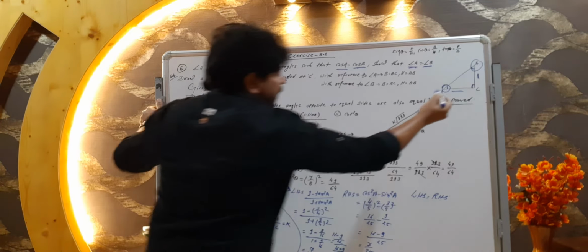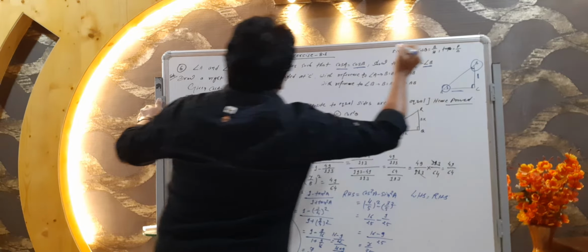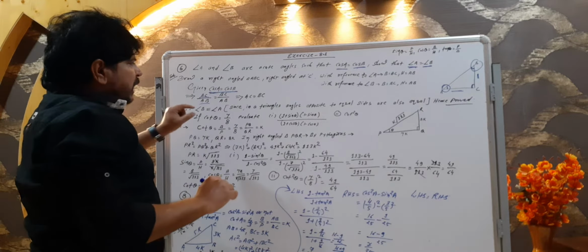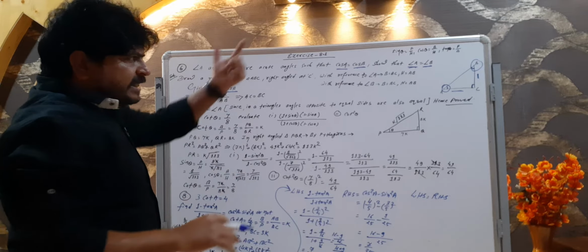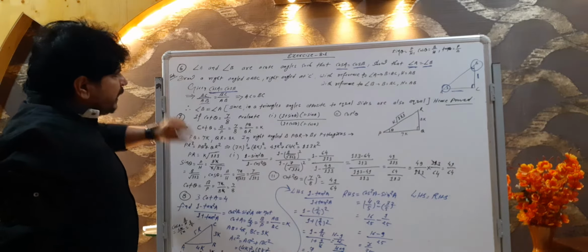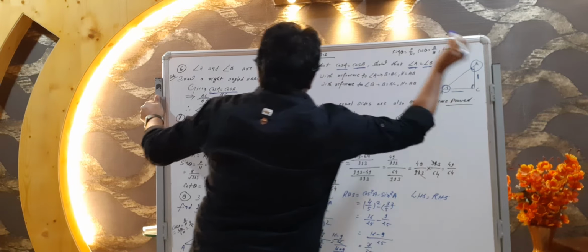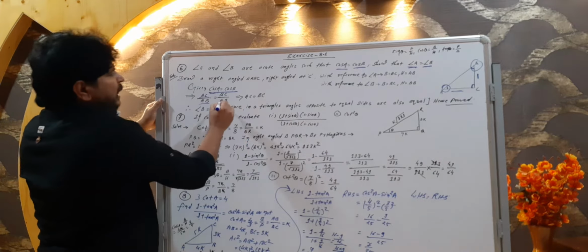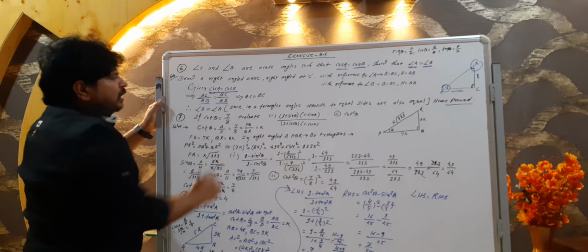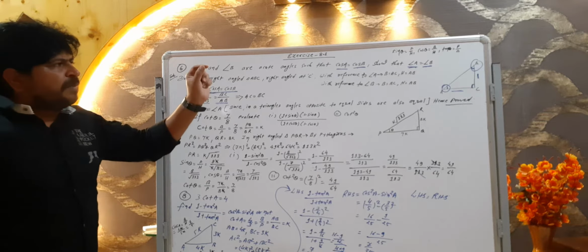Now the same we have to see with reference to angle B. Cos B would be what? The same, base upon hypotenuse. What is the base for cos B? For cos B, the base is BC, as I just told you. So for cos B we write BC upon AB.